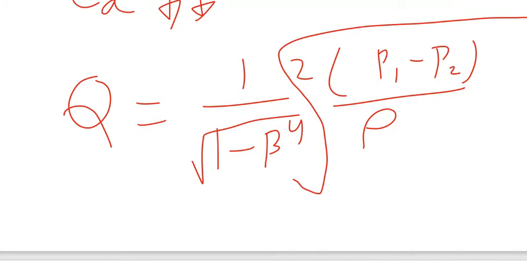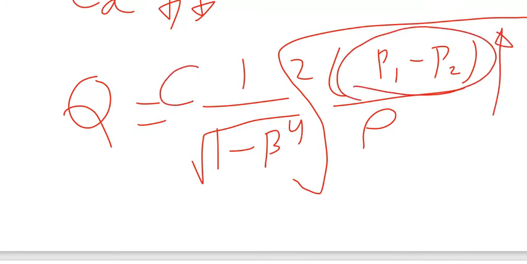You always have pressure drop with friction and because of the change in area, so this P1 minus P2 will always be more. That's why you include the CD term here, so that CD will be less than 1, and it takes care of the pressure drop due to friction.